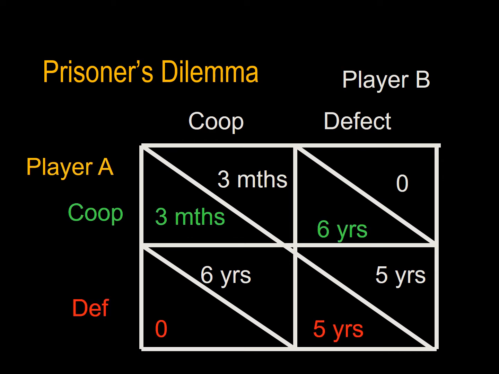Now here we see player A having a choice between cooperation or defection. So cooperation implies the green payoffs and defection implies the red payoffs. It's not yet known what player B's choice is going to be.